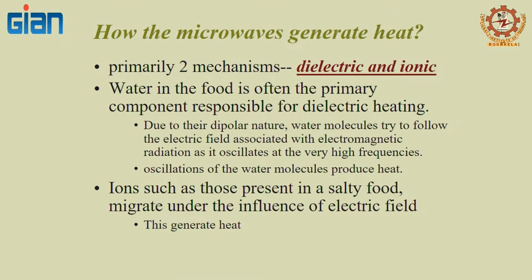Microwave heats material in two ways, one with water, the second with salt. Water is dipolar, and the water molecules try to follow the electric field, and they agitate, and with agitation comes friction that results in heat being generated.